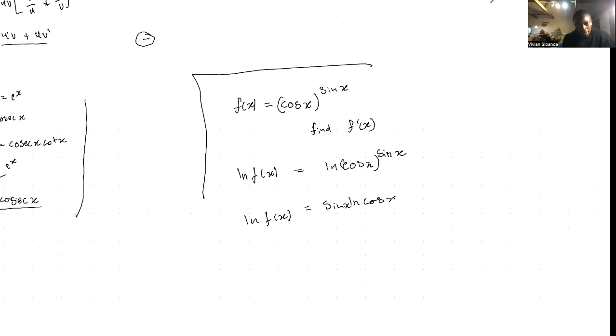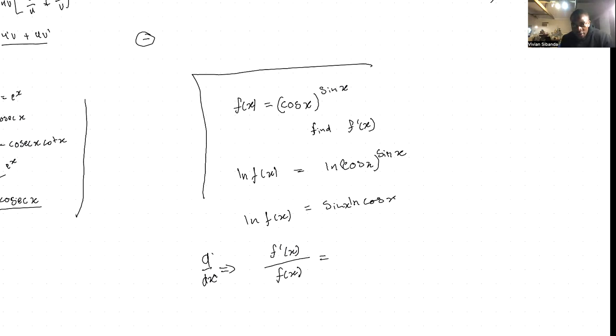If you apply the derivative on this whole function, this will give you f prime of x divided by the original function. This will always be the case. If you forget that, you will lose your marks. And then this will be the product rule.